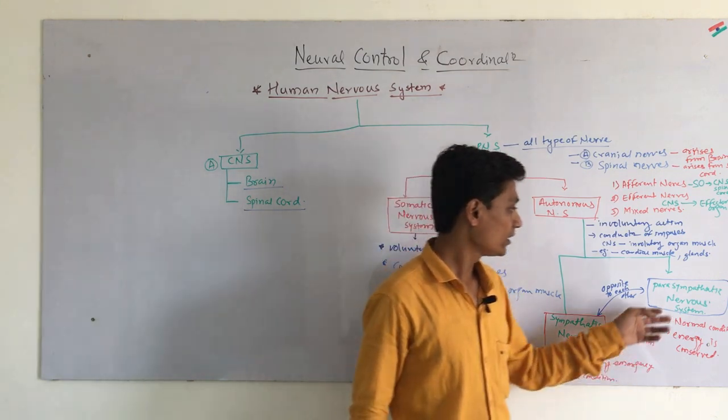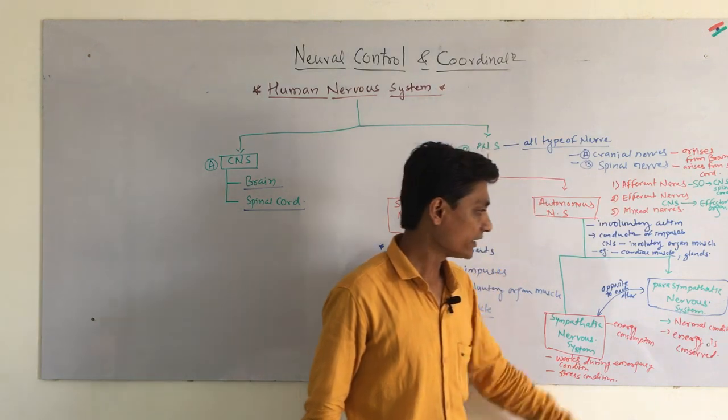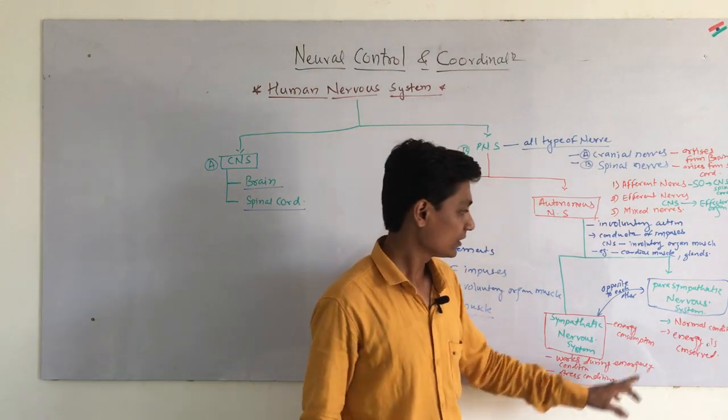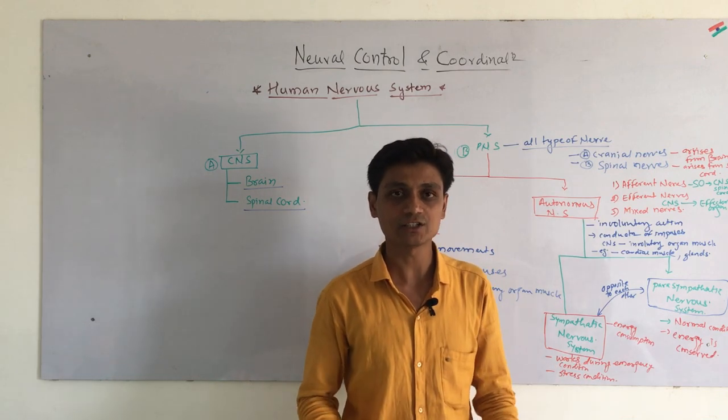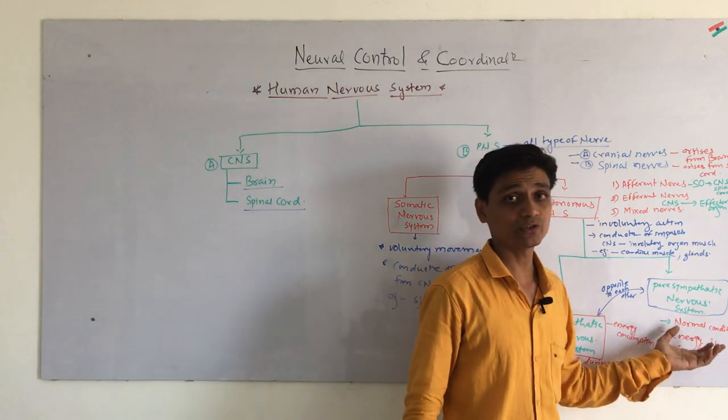The parasympathetic nervous system acts in the normal condition, where energy is not consumed, but conserved and stored.